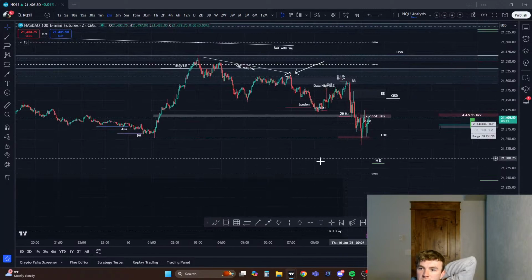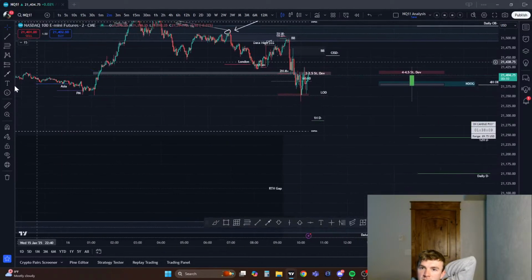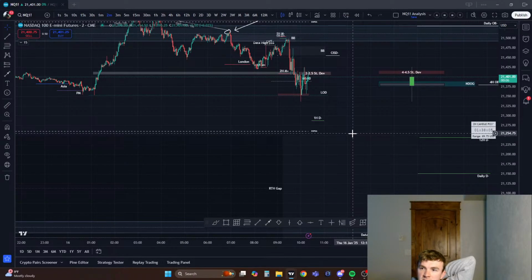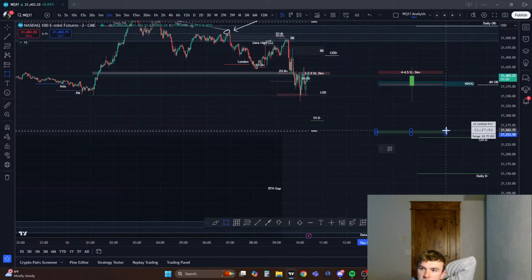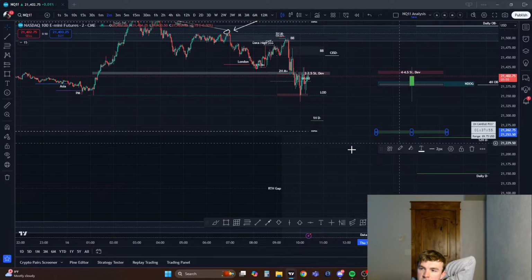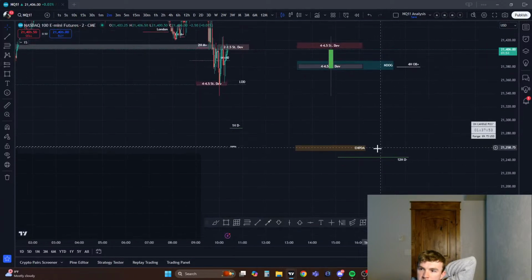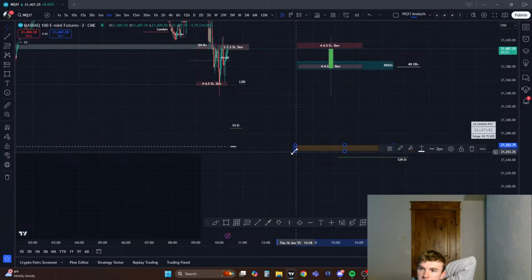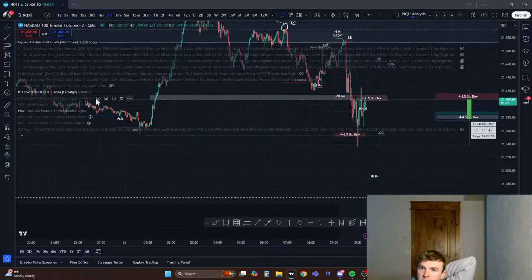Now, in the short term, I think eventually drawing here makes sense. So I'm going to mark this out as the midpoint between the new week opening gaps. Boom. And now I'm going to get rid of all that.